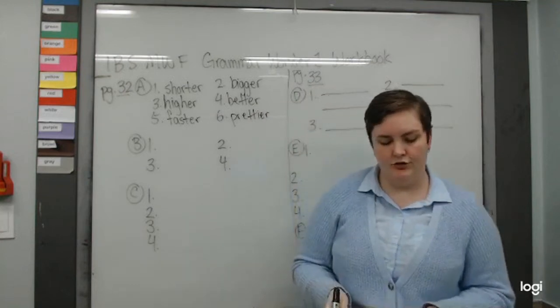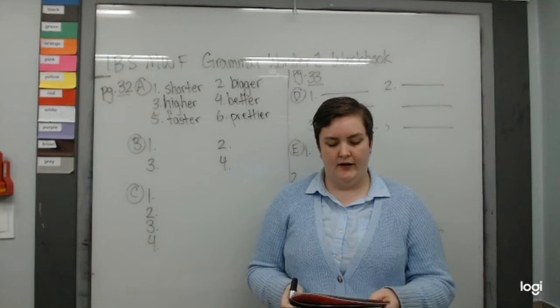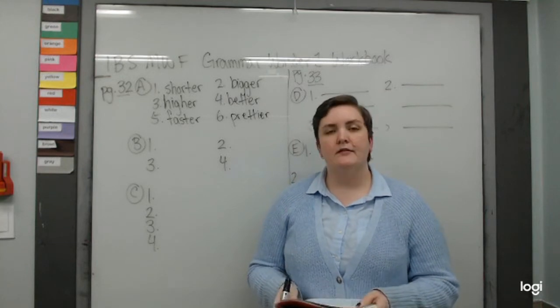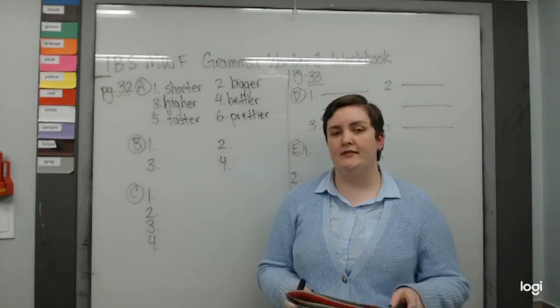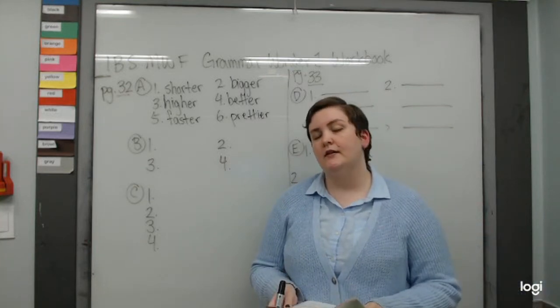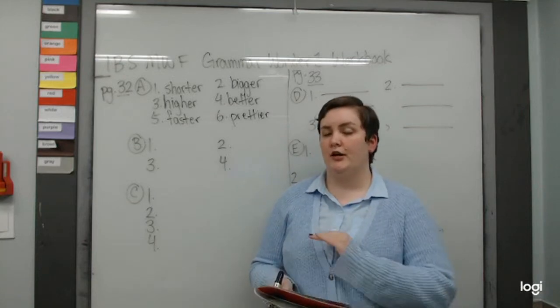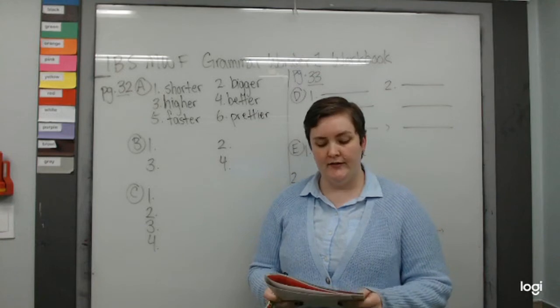Okay, B, choose the correct answers for the blanks. I think movies are than books. So the word we want is interesting, but interesting is a long adjective. So what do we add? We add more, not ER. So what answer says more interesting?